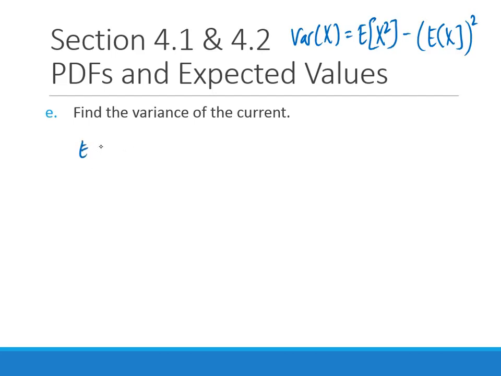The expected value of x squared: the expected value of a function, I apply that same function and multiply by the PDF and take the integral over the entire support. So that's from 3 to 5 of x squared times f of x dx.